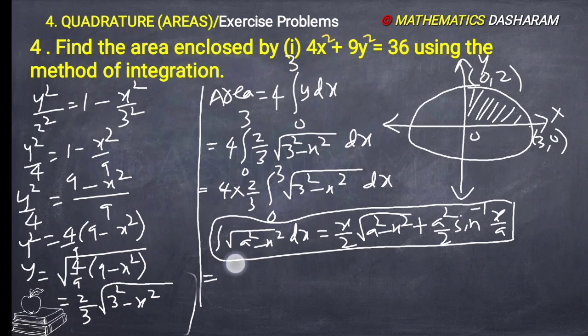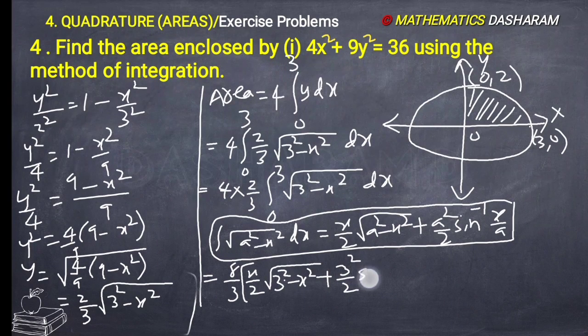So then 4 twos are 8 by 3, here x by 2 into under root 3 square minus x square plus a square by 2, 3 square by 2, sine inverse x by 3, and apply the limits 0 to 3.